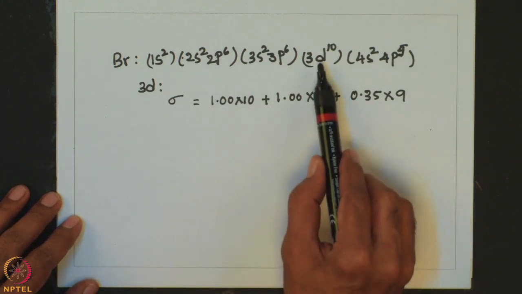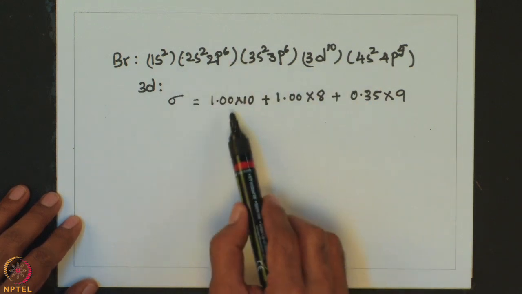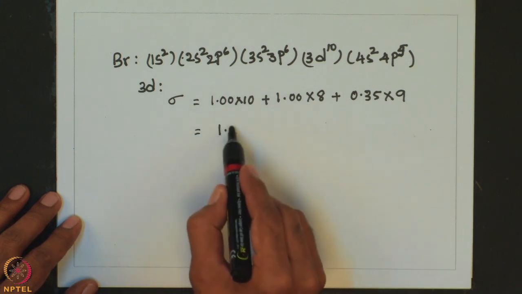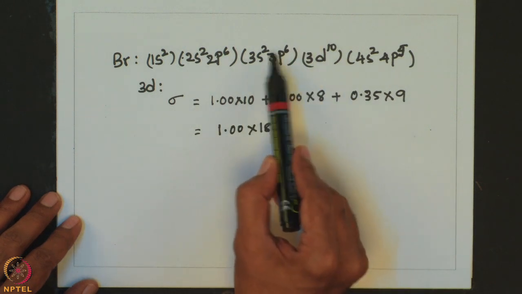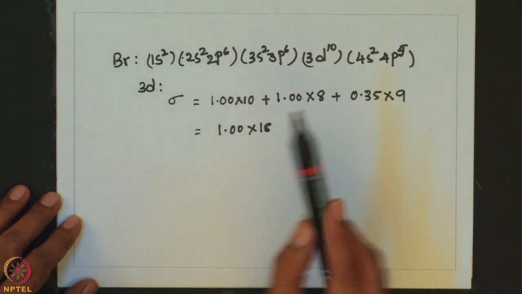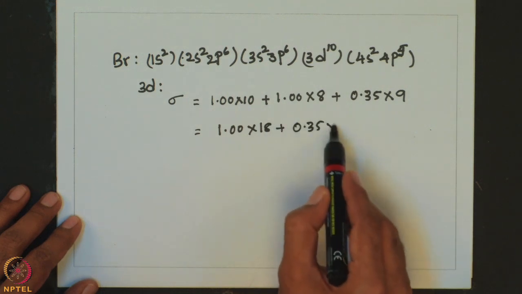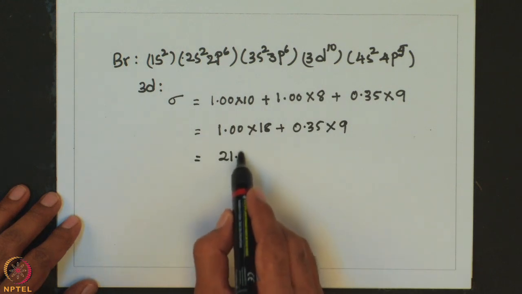So, for these 9 electrons, 1 electron we are considering, and then the total is 18. I have simplified by writing 10 and 8. Essentially, one can also write this as 1.00 into 18. So, 18 will account for 8 plus 8, 16, plus 2, 18, and plus 0.35 into 9. So, this comes around 21.15.